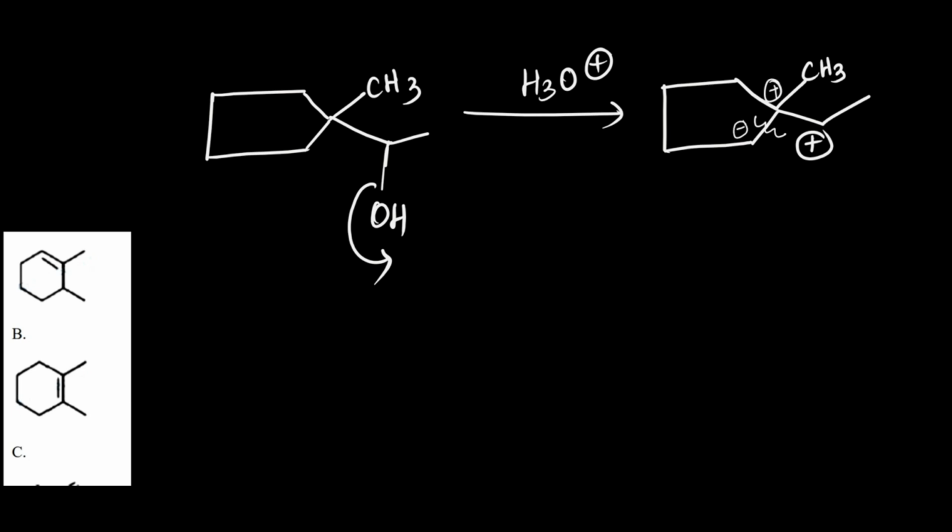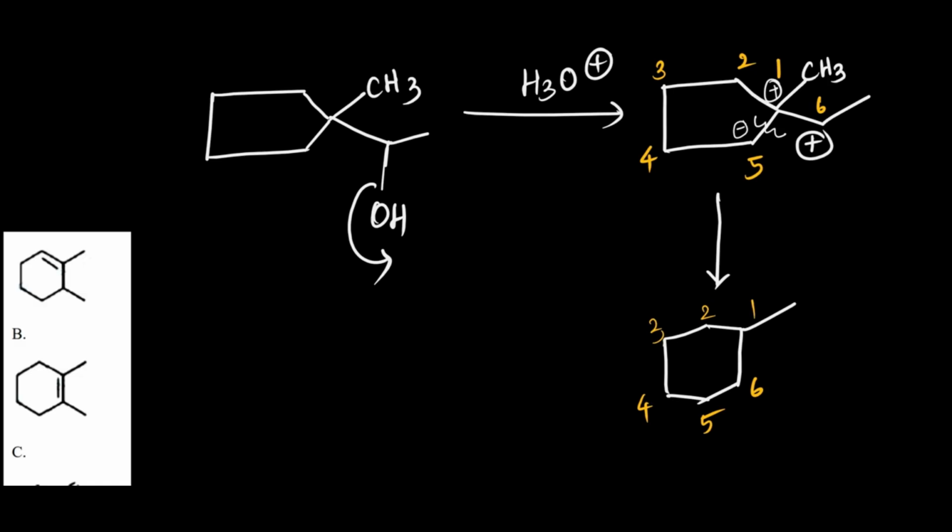So let me number it: 1, 2, 3, 4, 5, and this position becomes 6. So 6-membered ring, 6, 5, 4, 3, 2, 1. In the first position I have a methyl group, and in the sixth position I have another methyl group.